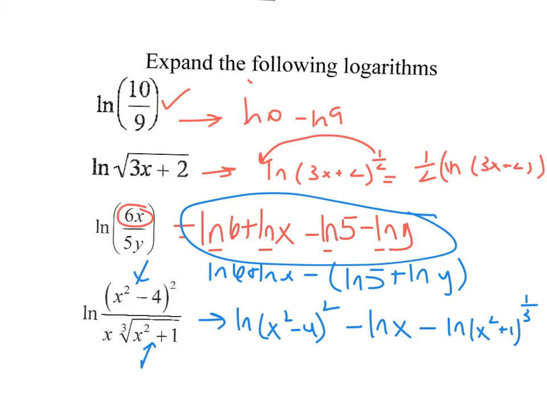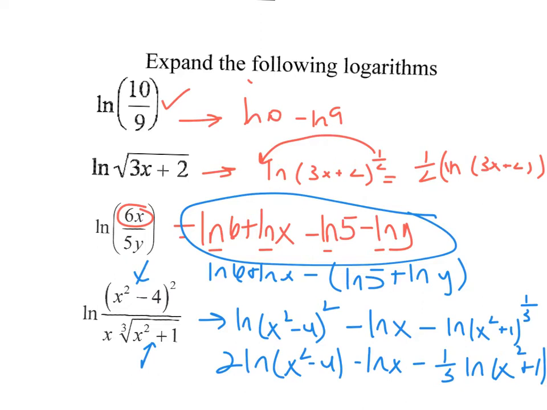Because then you can see separately what all those things are going to look like. So your final would be 2 ln of (x squared minus 4) minus ln of x minus 1/3 ln of (x squared plus 1). Okay, if you need more information on that, come to my office hours for it, okay? Kind of like the chain rule.